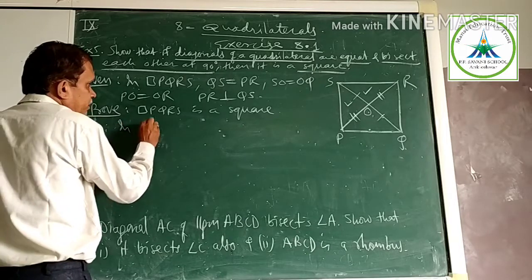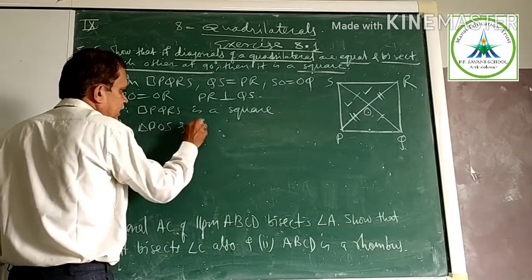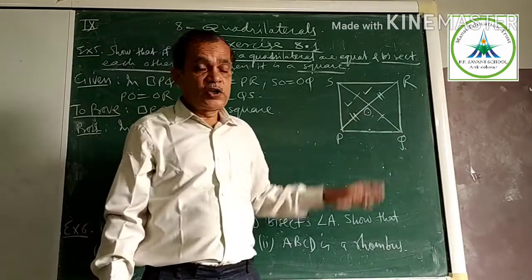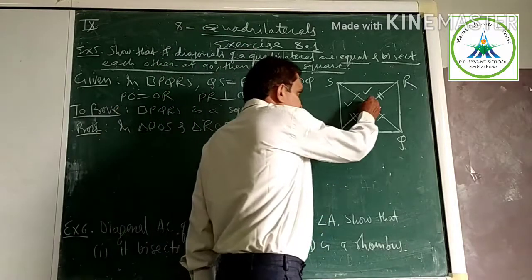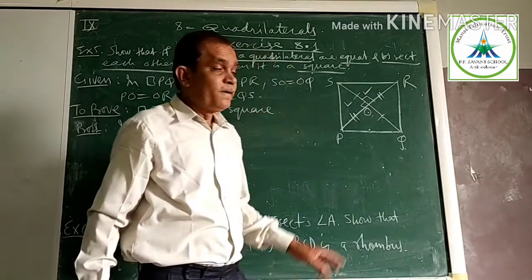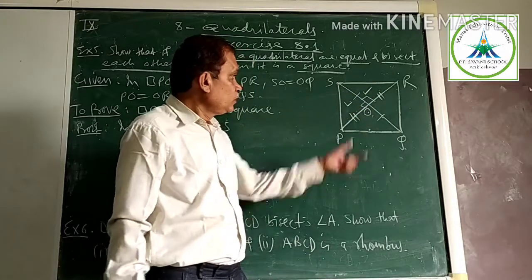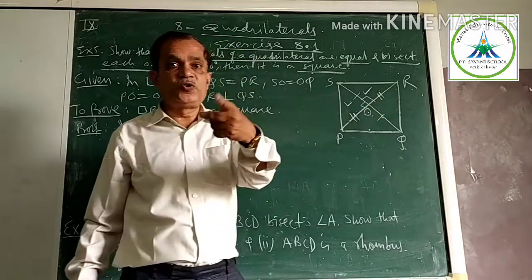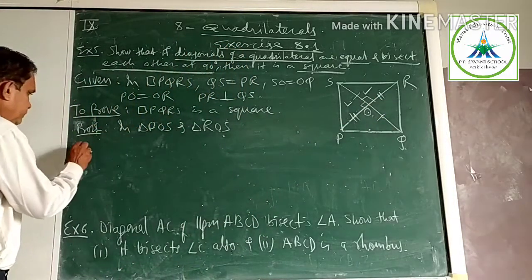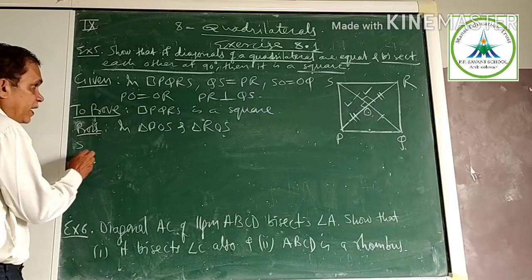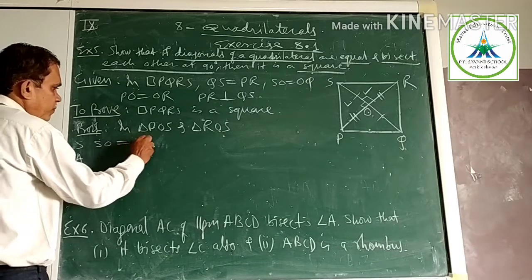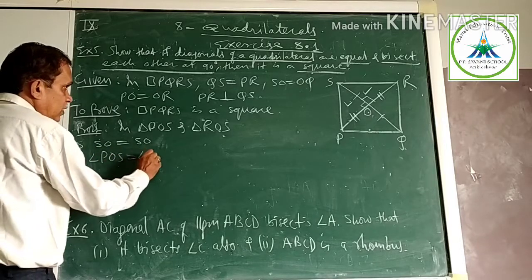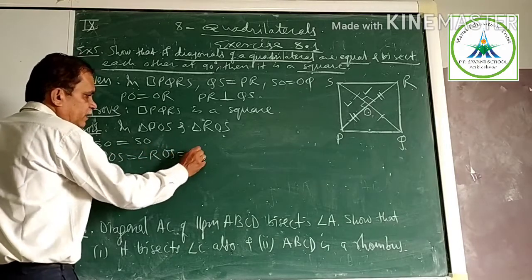Now, prove. In triangle POS and triangle ROS. If I am asking you to prove these triangles are congruent, see, this is 90 degrees, yes or no? This side equal to this side. This side is common. Side, angle, side: SAS. I am writing SO equal to SO. Angle POS equal to angle ROS equal to 90 degrees.